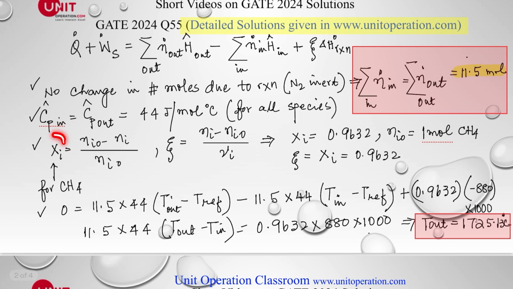So we know the value of the conversion, and xi is given by Ni, that is the number of moles, let's say methane going out, not in, going out, minus the number of moles of methane entering, divided by nu i, which is the stoichiometric coefficient.